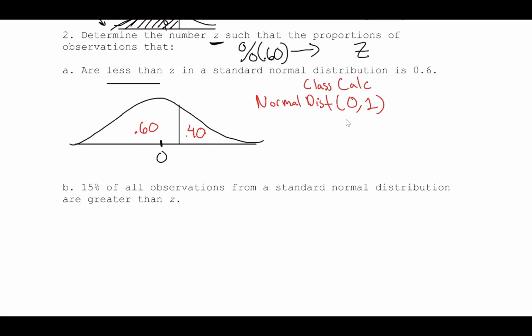Up next, we're not finding the probability because we already found the probability. The probability is 0.60 or 0.6.